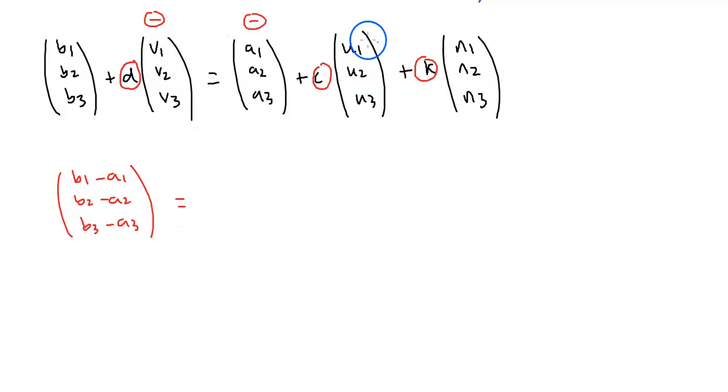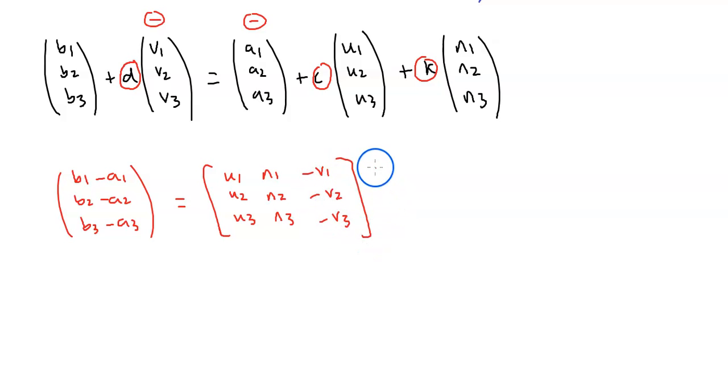And then on the other side, that's equal to the matrix with columns (u1, u2, u3), (n1, n2, n3), and negative (v1, v2, v3), times the vector (c, k, d).